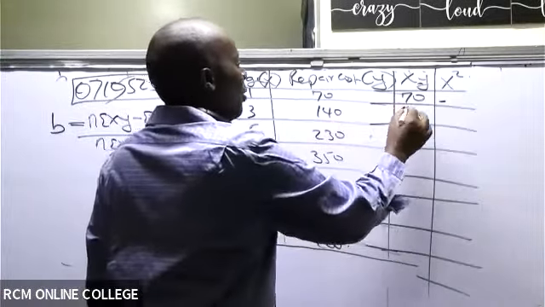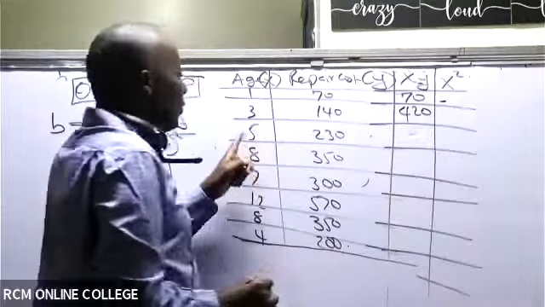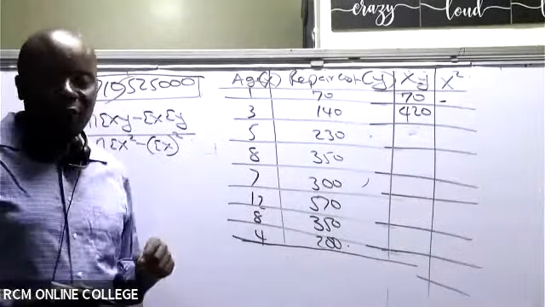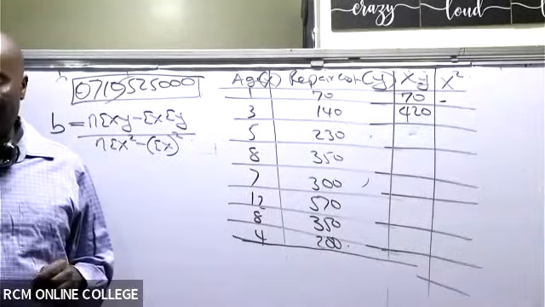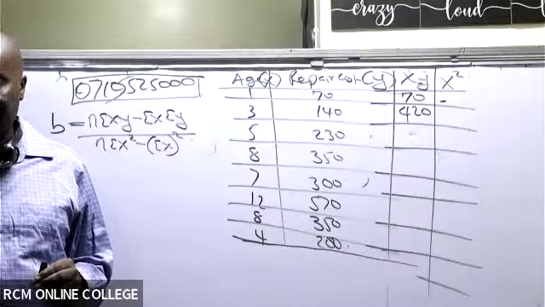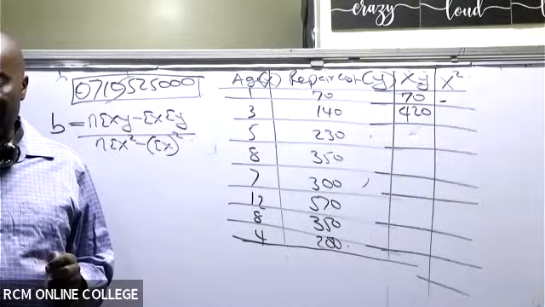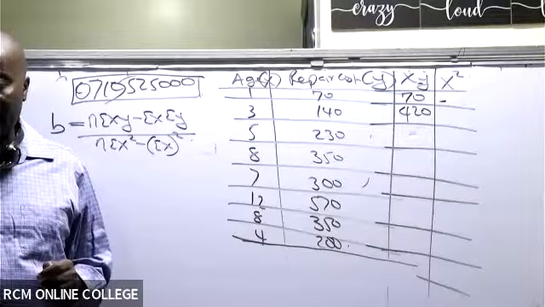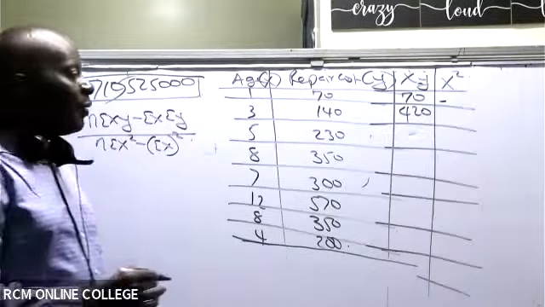Thank you so much. And then we have here 5 times 230. Laura: 1150. Thank you very much.